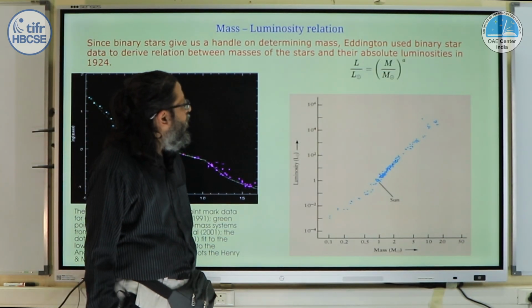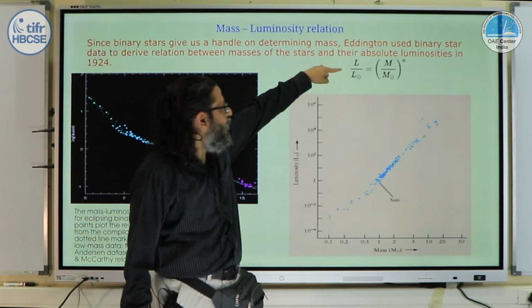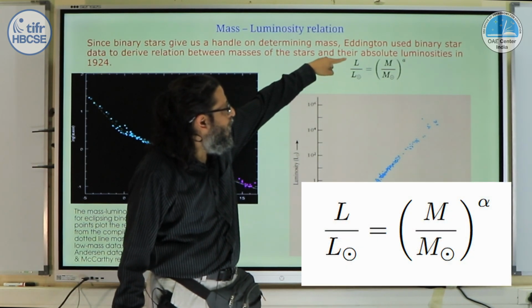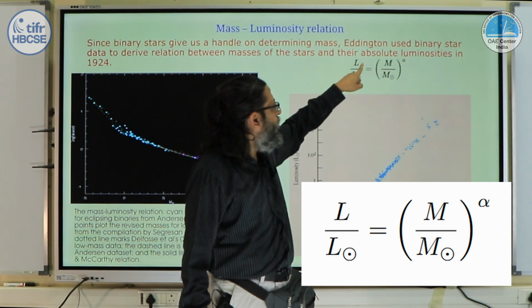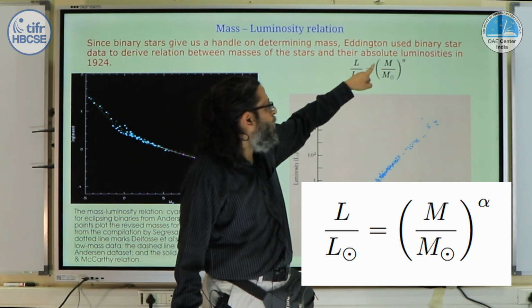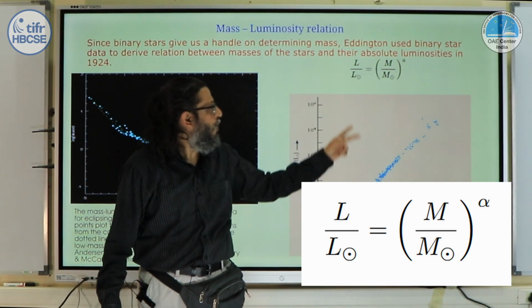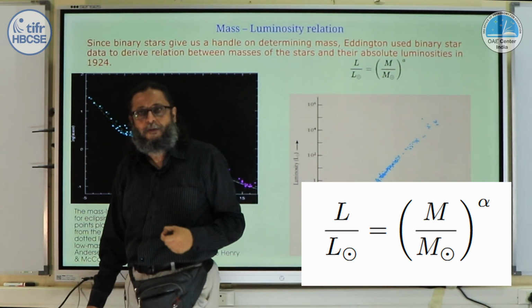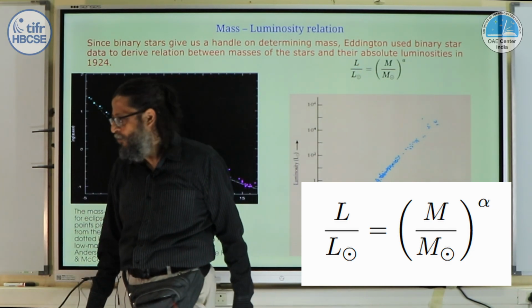So what you see as a mathematical property is that the luminosity is proportional to mass, okay, and you will write mathematically L is proportional to M raised to an index A, where of course L is given in terms of the solar luminosity and mass is measured in terms of the solar mass.